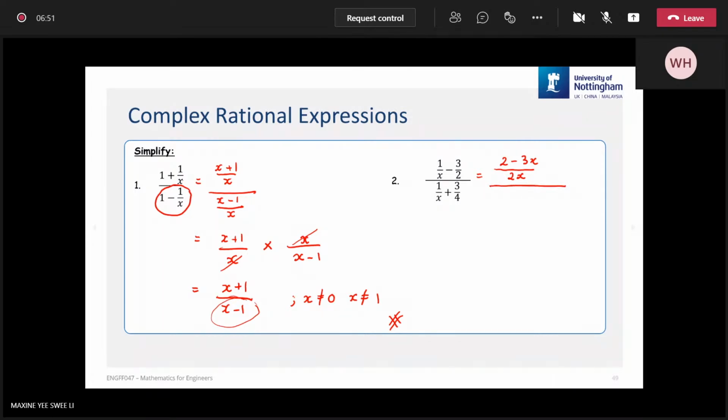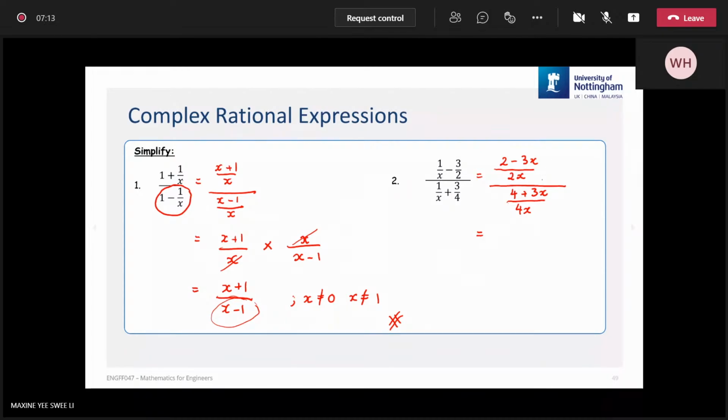Again, you try to transform it into a single rational expression. So you have 4x, 4 plus 3x. Is there anybody who is not quite sure how we get this? You're okay? All right, then let's move on.